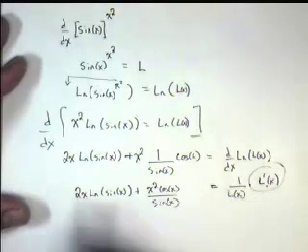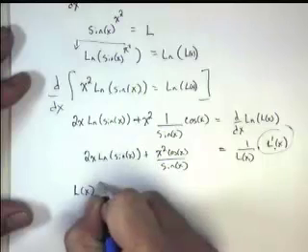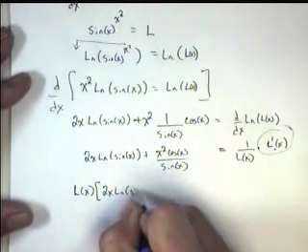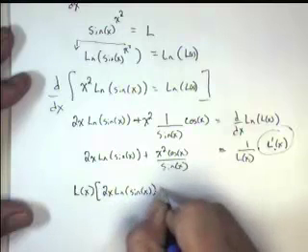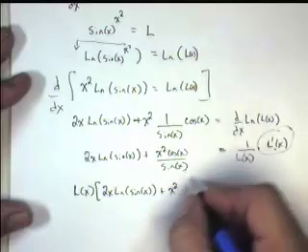Let's multiply both sides by L of x, and then we get L of x times 2x natural log sine of x plus x squared, and if we wanted to, we could say cosine over sine is cotangent.